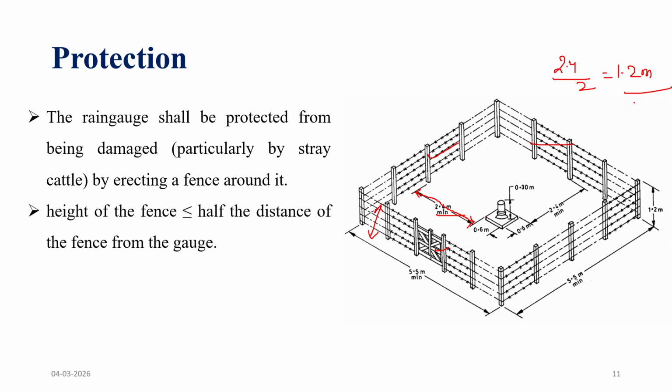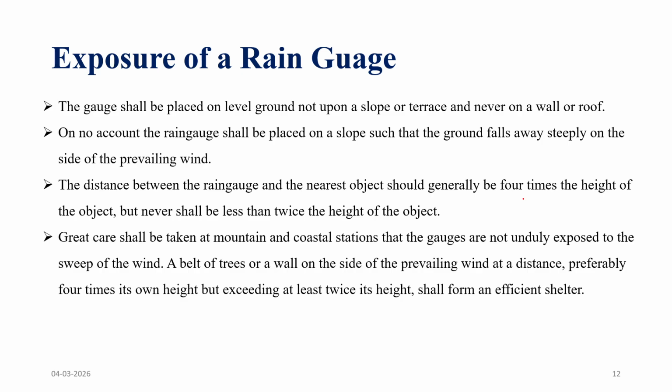The gauge shall be kept clean and periodically painted to prevent its surface from corroding or deteriorating. The amount of precipitation caught by the gauge depends heavily on its location, on how well it is shielded from distorting factors like wind eddies, turbulence, splash, and any obstructions.